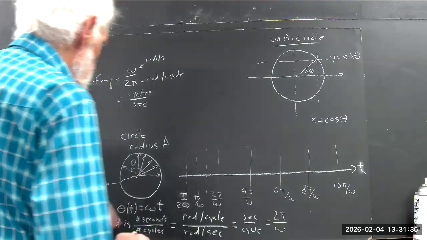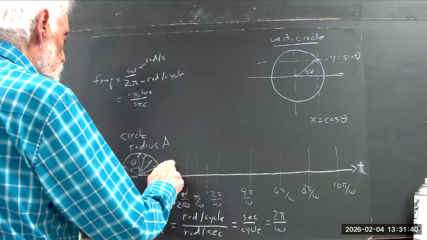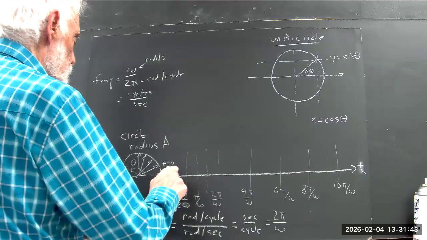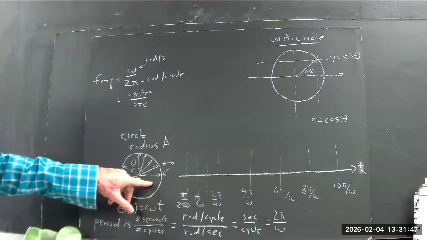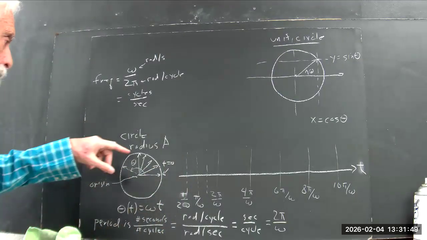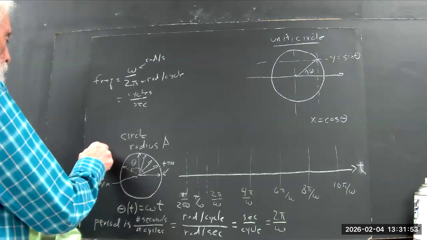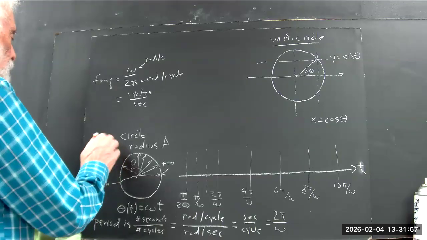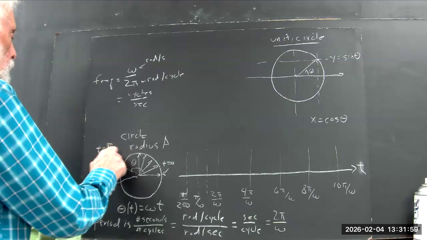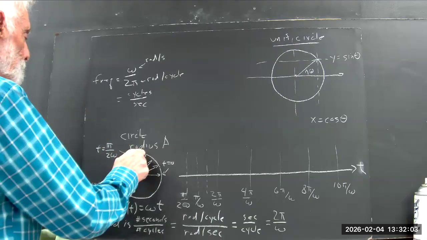Okay. So I'm going to say that now this occurs here's my t equals 0 position. And here is my t equals pi over 2 omega position.